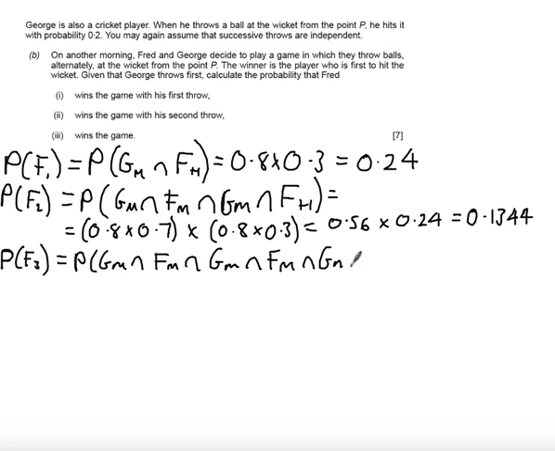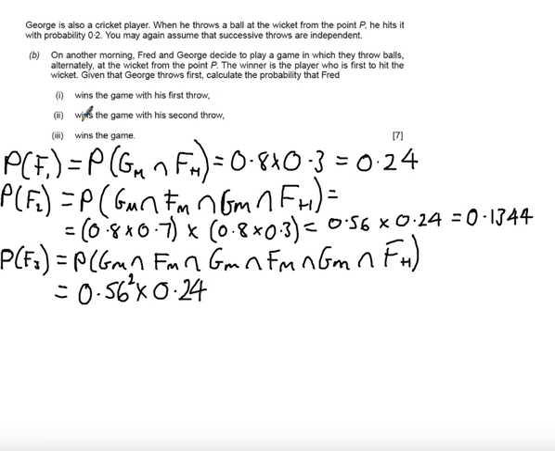So George has to miss 3 times, and then Fred has to hit on his third attempt. Now the way we can work this out is we know the probability of a round where they both miss is 0.8 times 0.7, which is 0.56. And so we're going to times that by 2 rounds, so we're going to get actually 0.56 squared, so that's 2 rounds of misses, times by a round where there is a hit, which is 0.24.